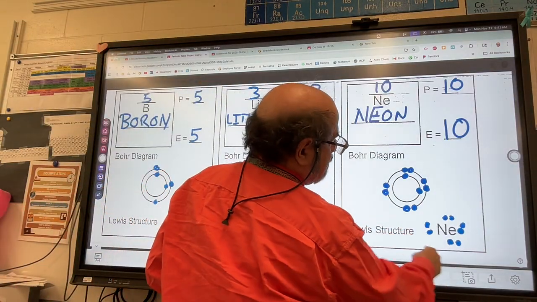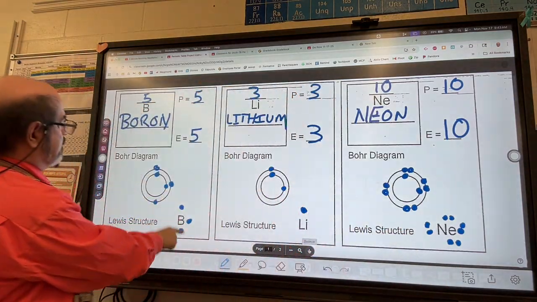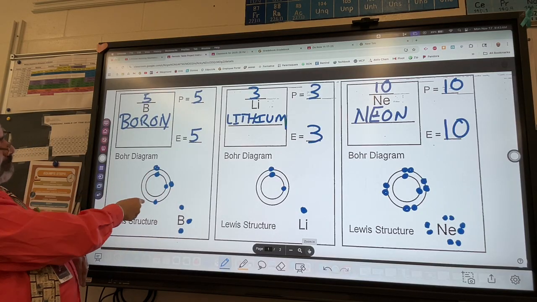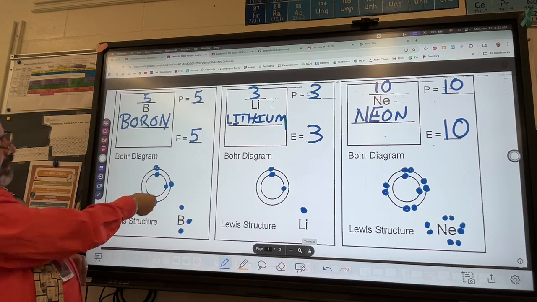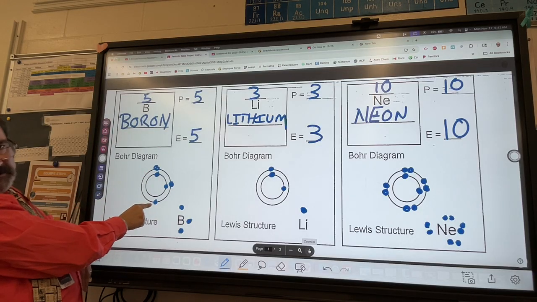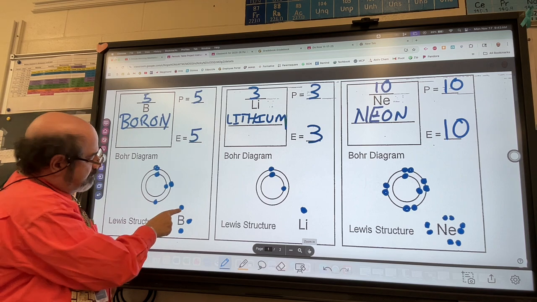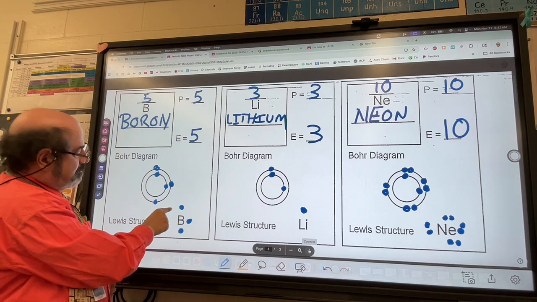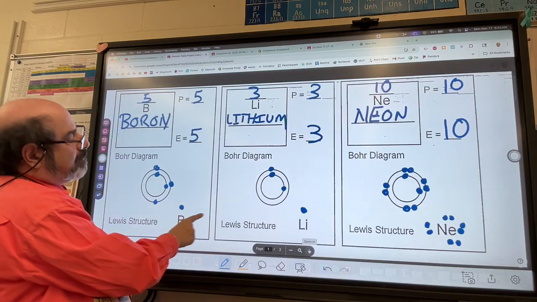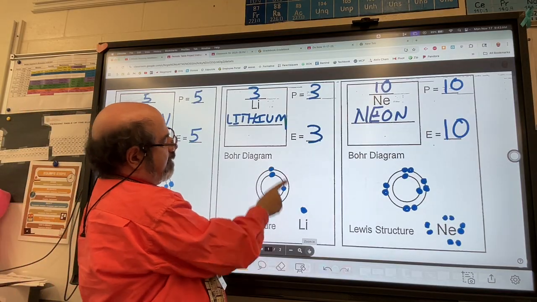So, if you noticed, if you look at the outer shell, this is the inner shell, this is the outer shell. The outer shell has 1, 2, 3 electrons. Look at what boron's Lewis is. 1, 2, 3. It's the outer shell. Lithium, there's only 1 in the outer shell.